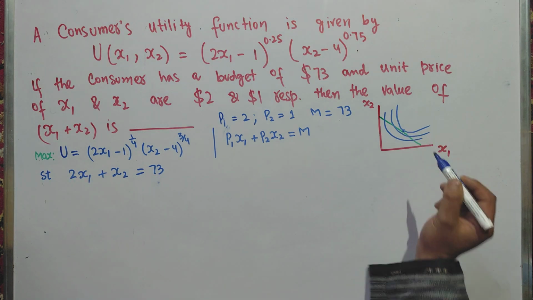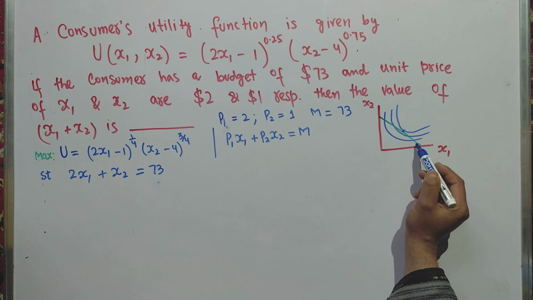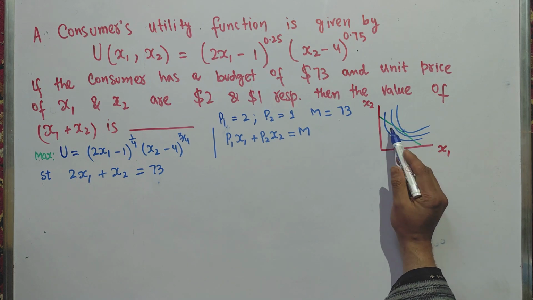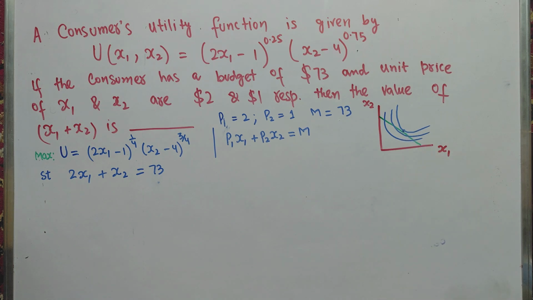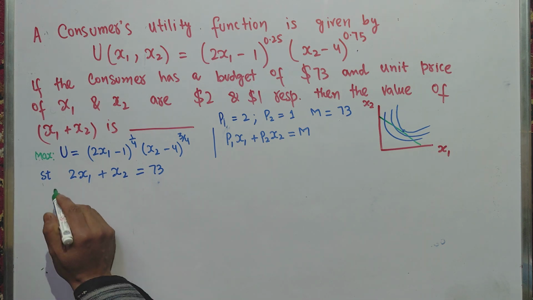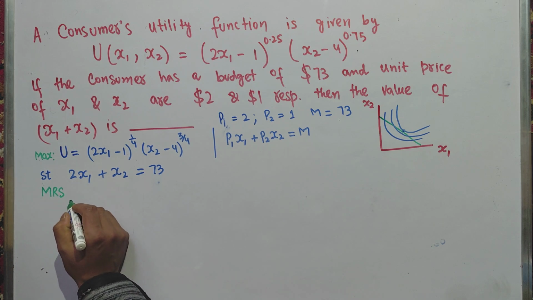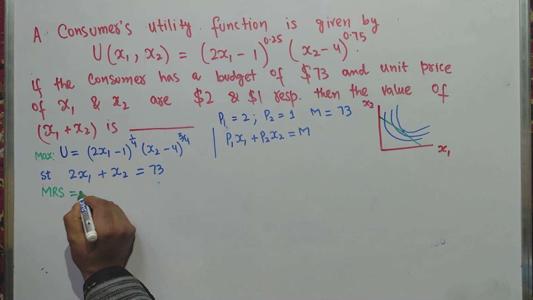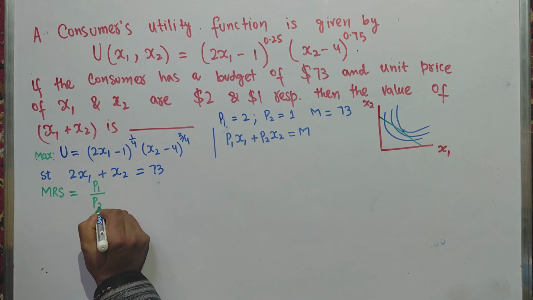Okay, and it happens the optimal value lies at a point where the slope of the indifference curve and the slope of the budget line are equal, and it is a point where they are tangent to each other. So what is the condition for optimality? That is, the marginal rate of substitution between x1 and x2 should be equal to the ratio of the prices, that is p1 upon p2.